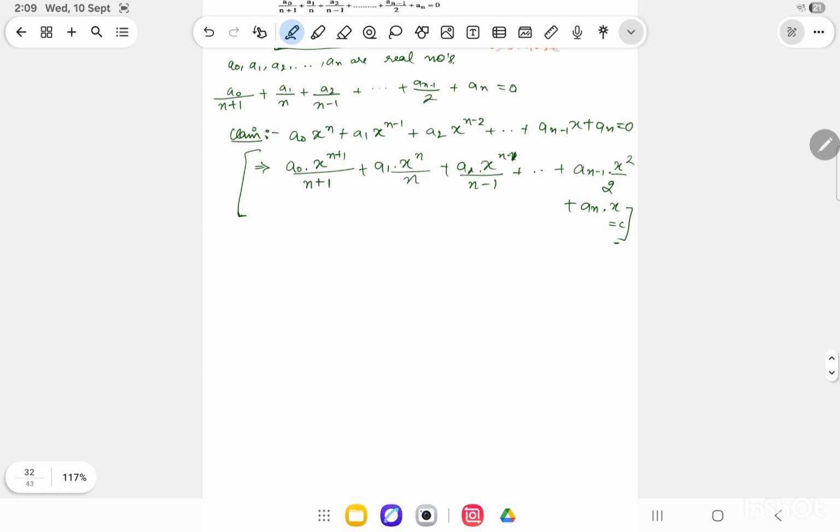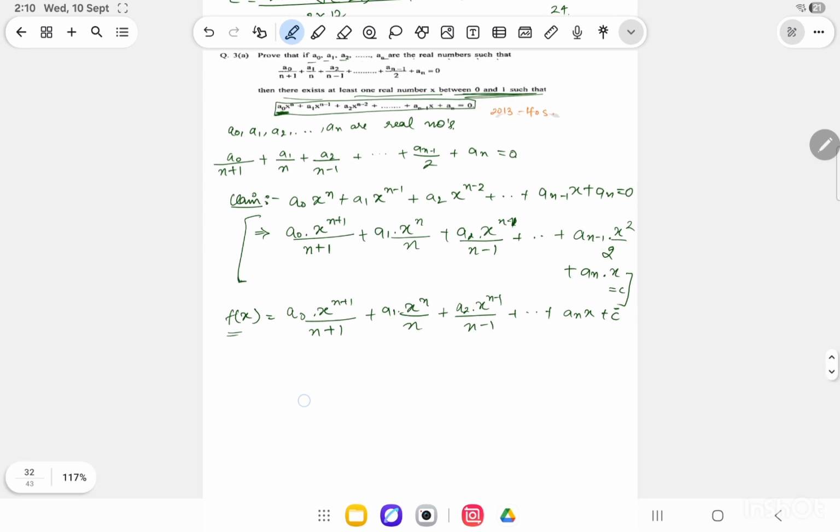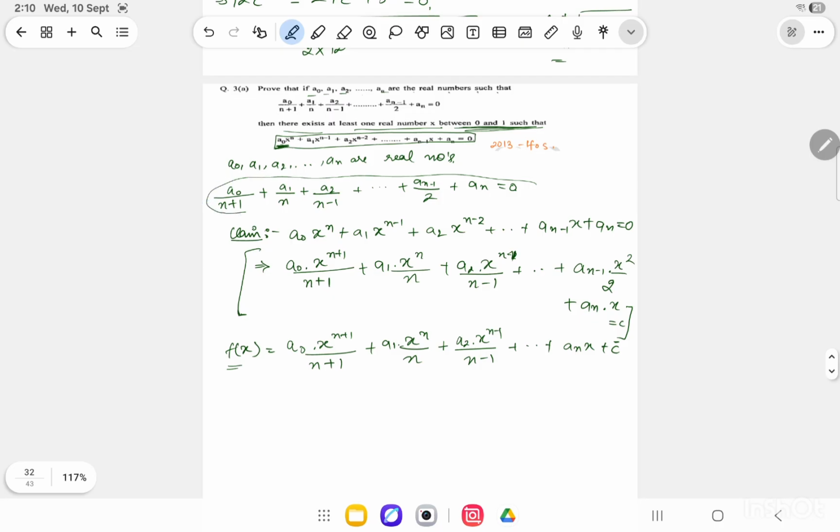So you can assume your function f(x) to be a0 x^(n+1)/(n+1) + a1 xⁿ/n + a2 x^(n-1)/(n-1) + ... + an x + c, where c is the integration constant. We are supposed to show that this derivative equals 0 for some x in between 0 and 1.